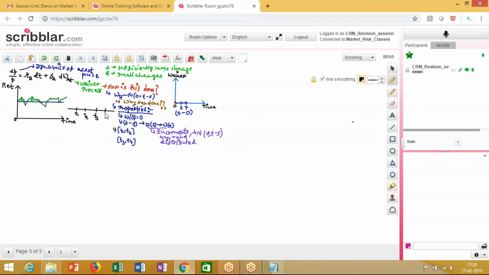So this is the time frame T1 and T2, right?